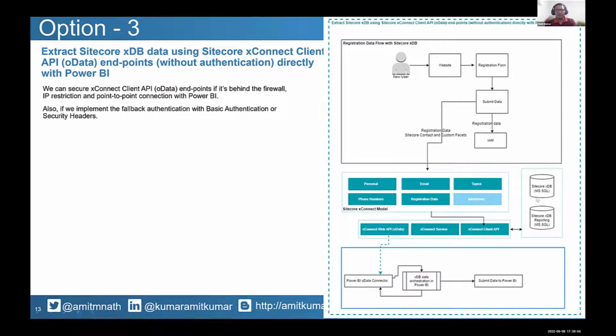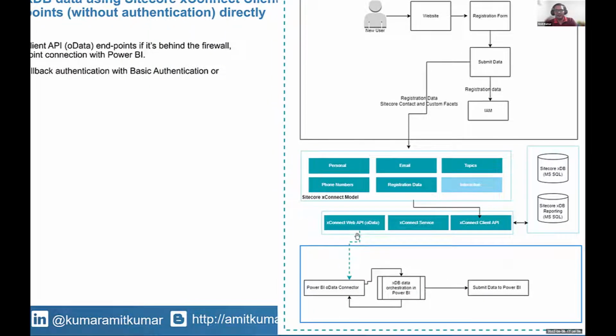And the third option is that you directly integrate the xConnect client API with the Power BI data connector. And there also you need to again create a data schema, because you are directly attaching a Power BI data connector with the xConnect.